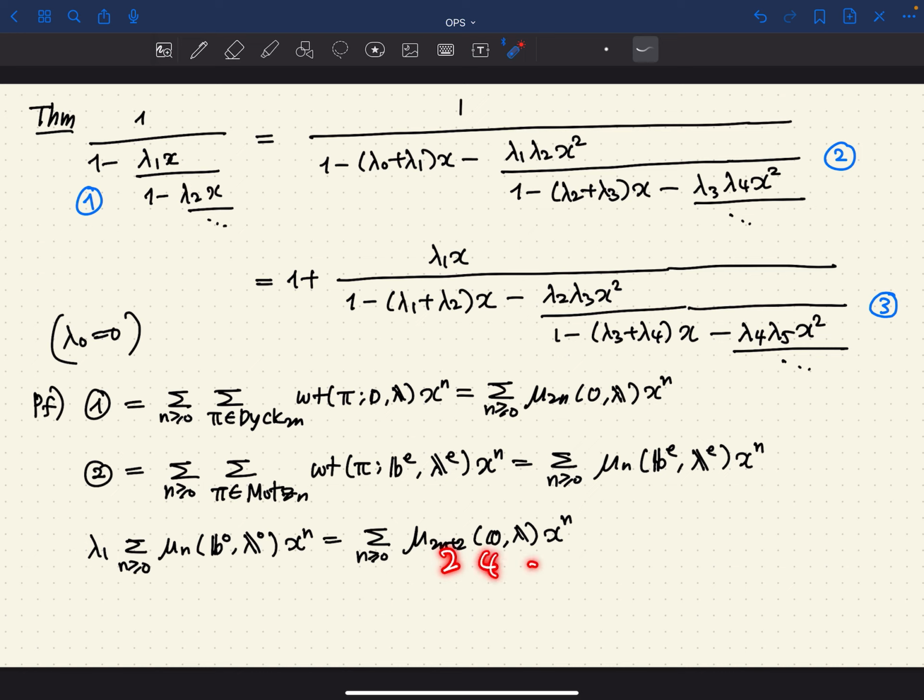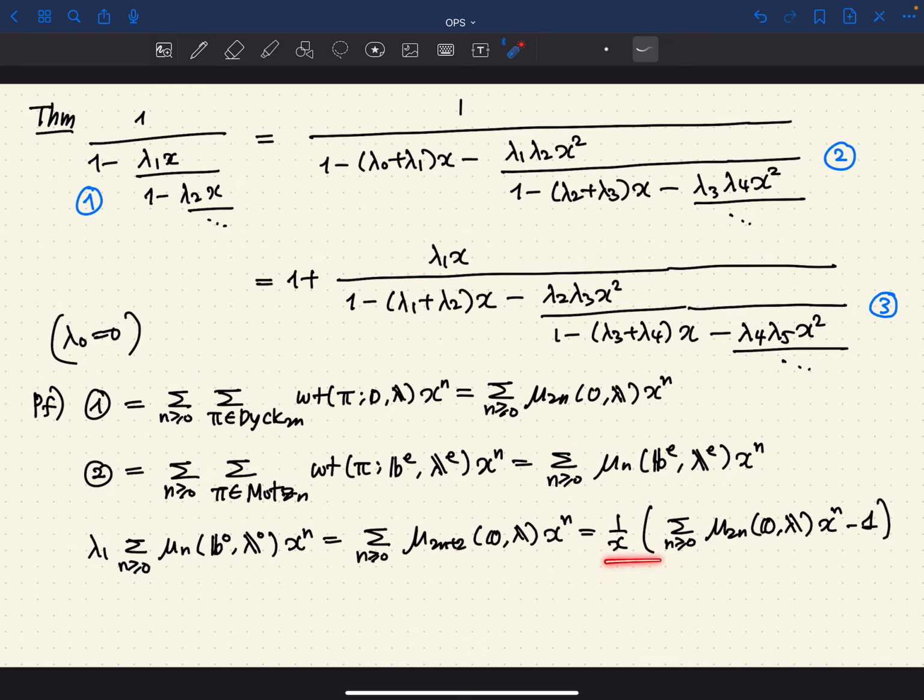So 2, 4, etc. And this is somewhat off, so this is like x inverse. So this can be rewritten as 1 over x times the sum over all n in our usual form. If you write it this way, then you have to subtract 1, because if n is 0, that part doesn't exist here.